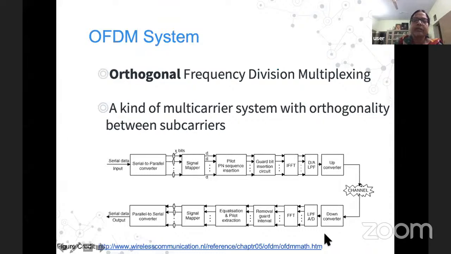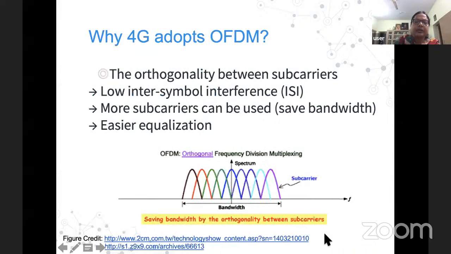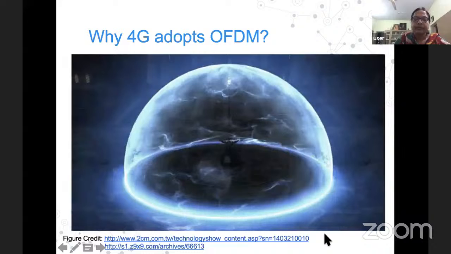It is a kind of multi-carrier system with orthogonality between the subcarriers. This orthogonality between the subcarriers avoids intersymbol interference, and we can accommodate more subcarriers, so we can save bandwidth, and equalization is also easier. These are all the advantages we have just seen in multi-carrier communication.